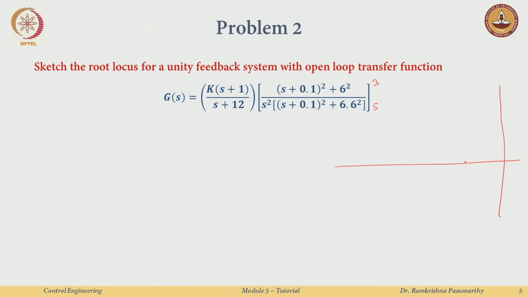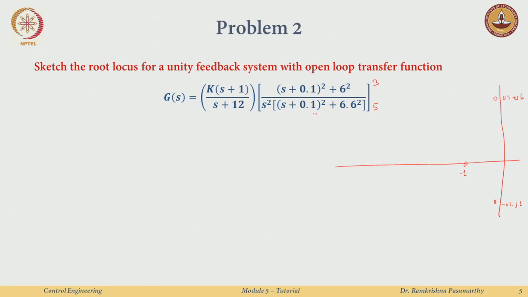I have a 0 at minus 1, and then another 0 at 0.1 plus j6, another 0 at minus 0.1 minus j6.